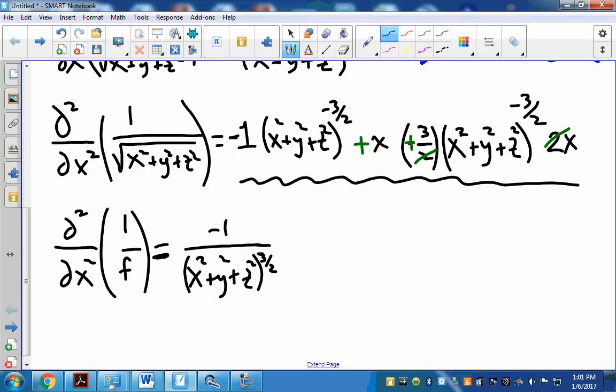And then for the second term, let me write it here. What do I have up top? I have an x and an x and a 3. So it looks like 3x squared. And then on the bottom, we have (x squared plus y squared plus z squared) to the positive 3/2.